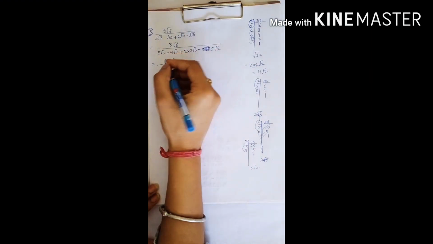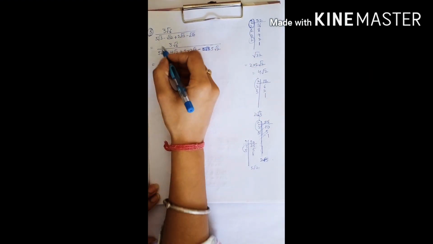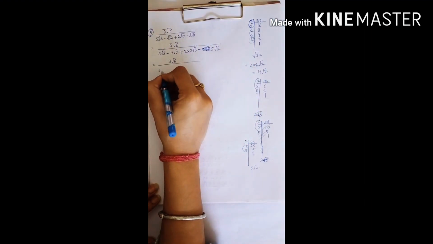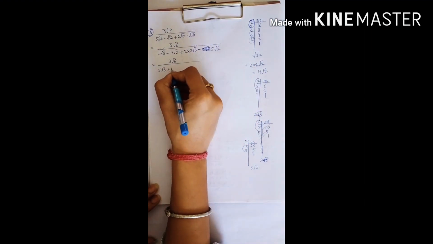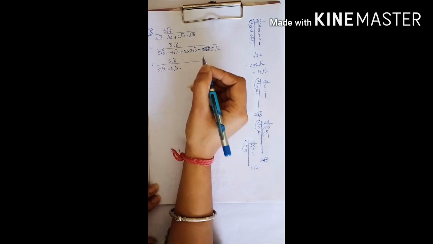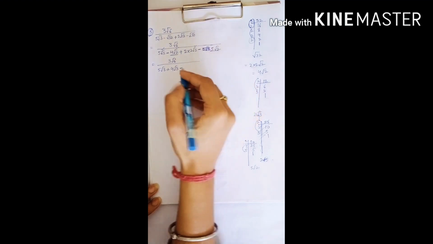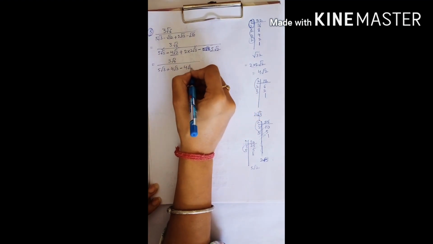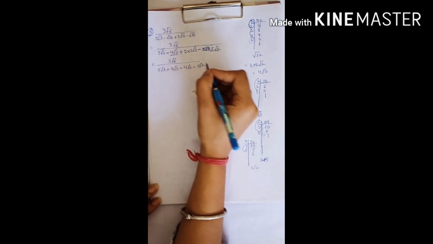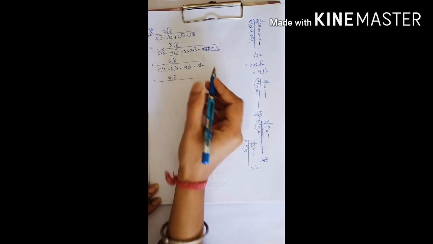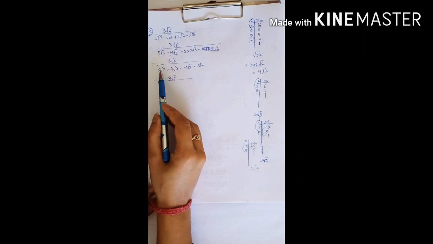Okay, now solve the like terms. The terms containing root 3 are these two. I am writing these terms together, 5 root 3 plus 4 root 3. Now the terms containing root 2 are these two. I am writing these terms together, minus 4 root 2 minus 5 root 2. Okay, so how will we add these?